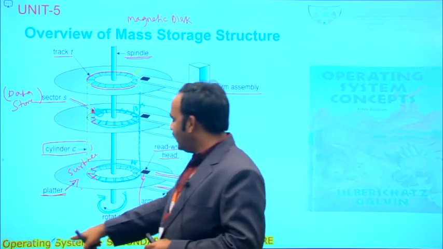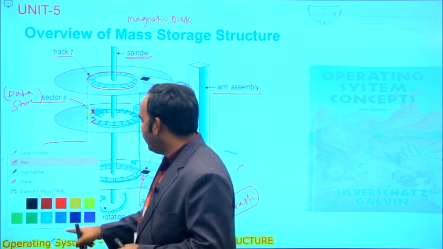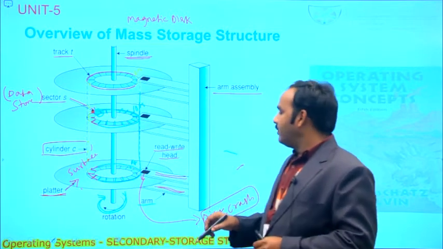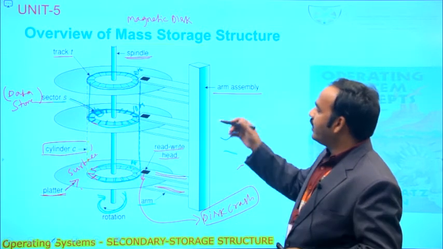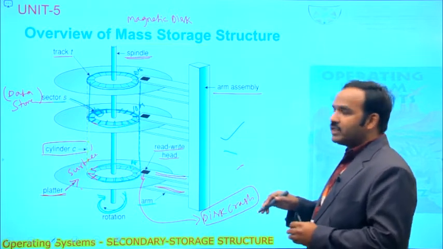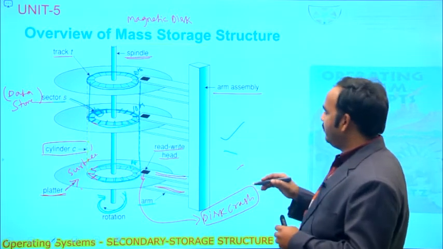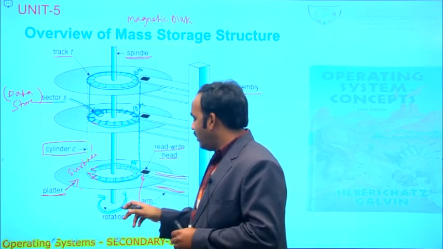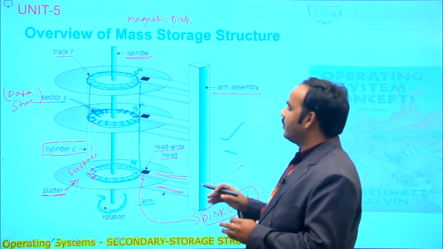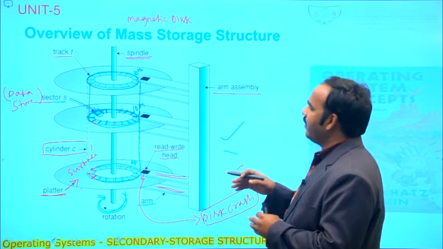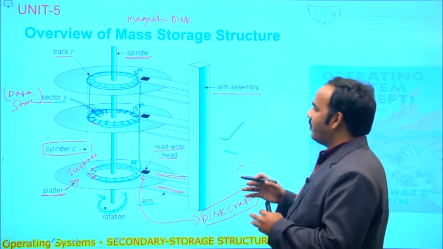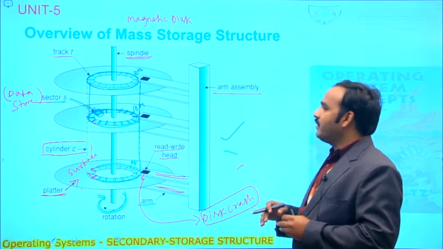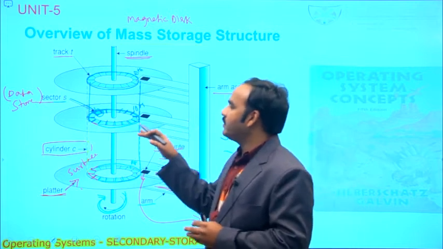This is the main objective of this rotation. So by rotating the arm and the spindle, it performs read and write operations and reaches a specific sector on the surface of the platter.